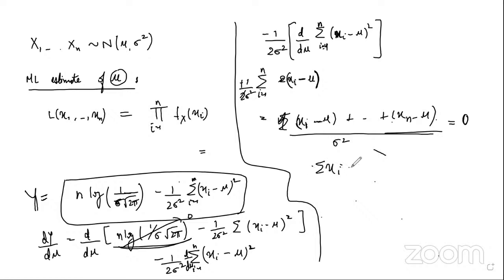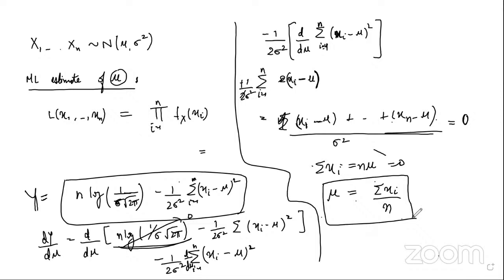So the sum over xi minus n mu equals 0. Once you take it to the other side, mu comes out to be the sum over xi divided by n. So basically, the ML estimator for mu comes out to be the sample mean.